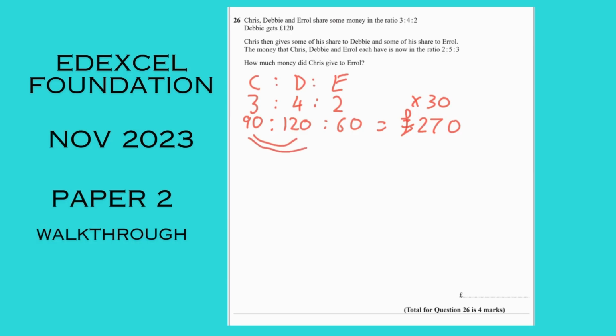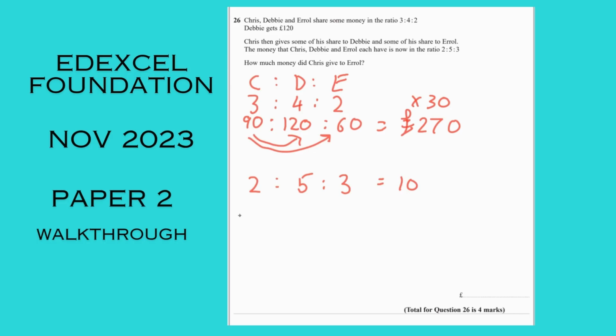The third line then tells you that some money is going in that direction. That makes the new ratio 2 to 5 to 3. So essentially, it's now a bog standard ratio question. Share £270 between these 3 people.